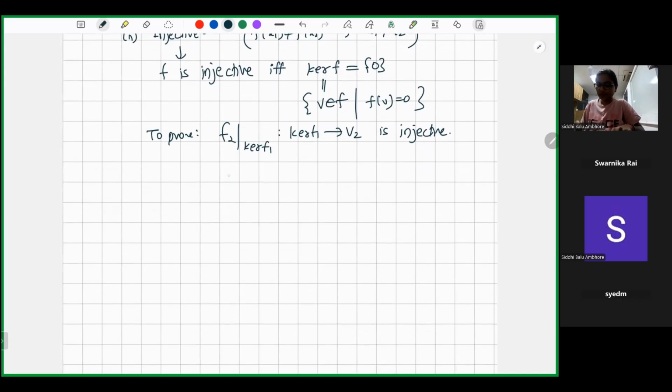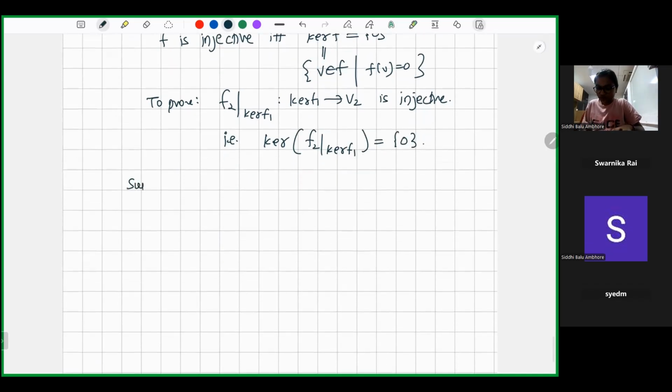I have to prove that the kernel of f2 restricted to kernel f1 is 0. So suppose y belongs to kernel f1 such that f2 of y is 0.